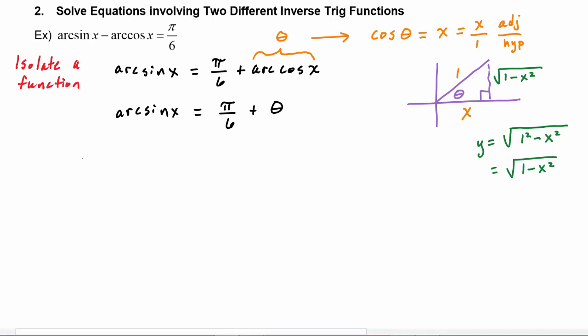So we will take the sine of the entire left-hand side, which is arcsine x, and that will equal taking the sine of the entire right-hand side, which is pi over 6 plus theta.